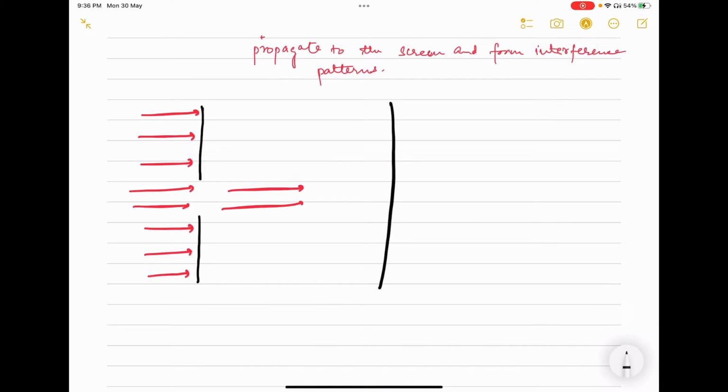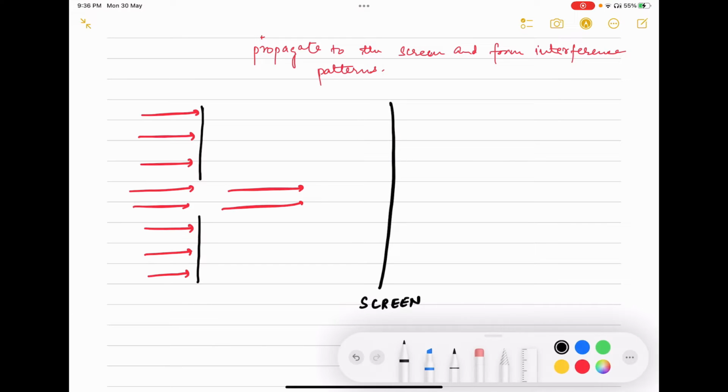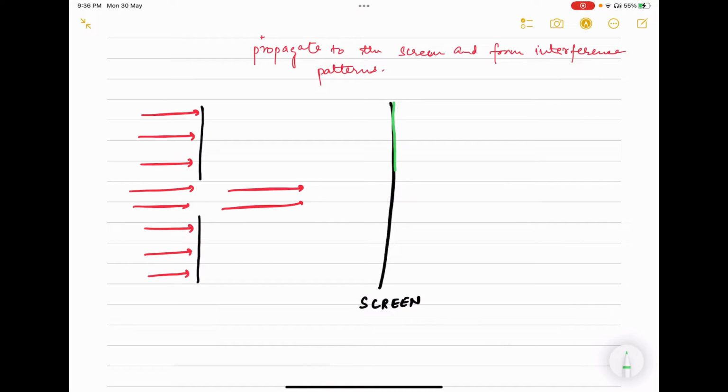Suppose this is your screen. The intensity will be like this. This is 0 and this is 1.